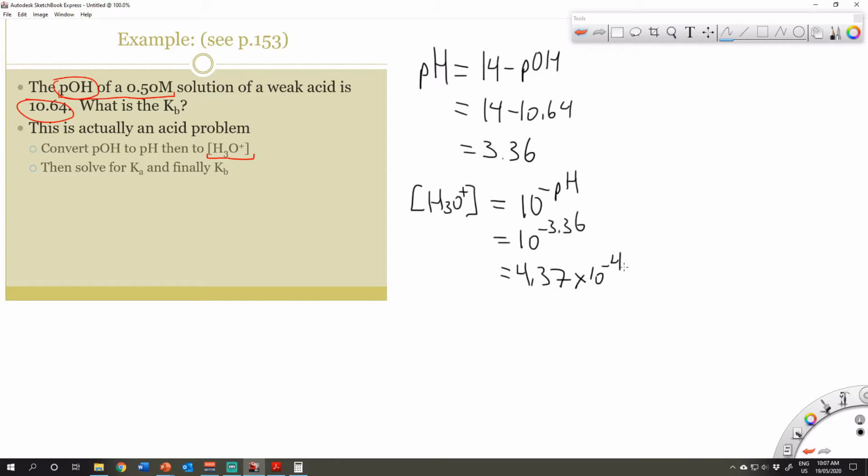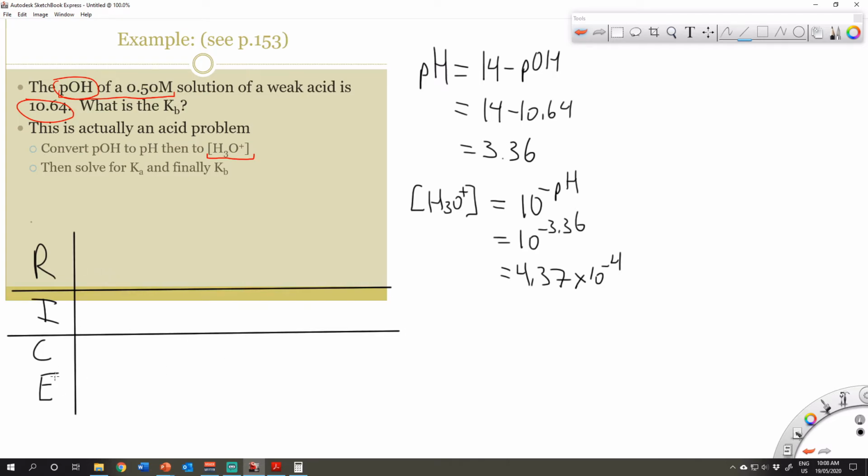What are we going to do with this? We are going to create a rice table. Since we have no information about the weak acid, I will just write down weak acid plus water creating an equilibrium with its conjugate base and hydronium.